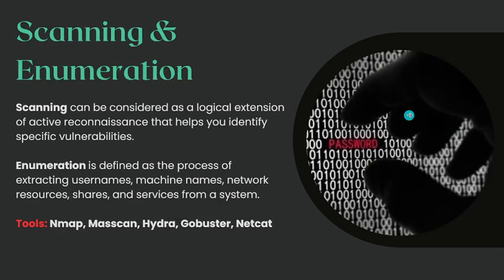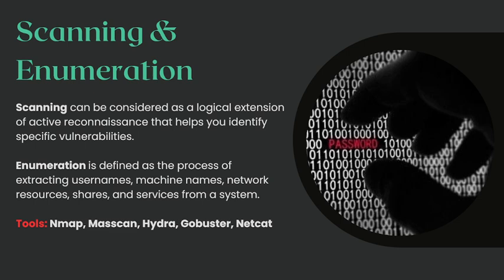Now, coming to the second phase, which is scanning and enumeration, like I said, this is considered active reconnaissance. It is basically an extension of active reconnaissance that helps us identify what services and ports are open on a system. We can also identify what kind of vulnerabilities are present on the system by seeing what particular version or service is running.